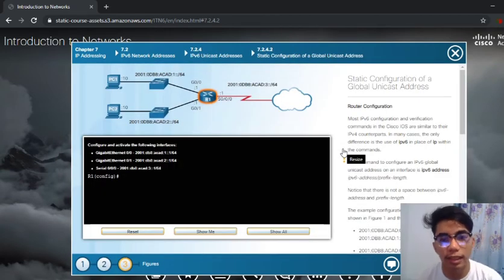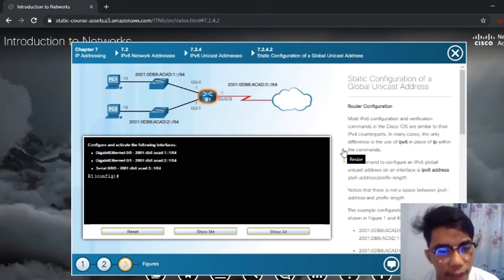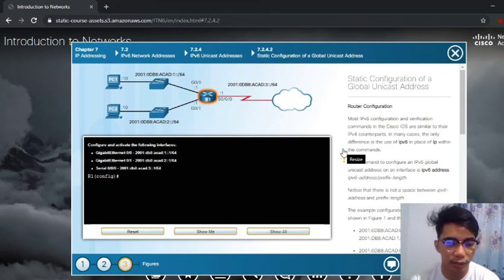And this is not an activity, but it is a configuration about the global unicast address on the serial and gigabit ethernets. Then let's try. The first one is to configure and activate the following interface.